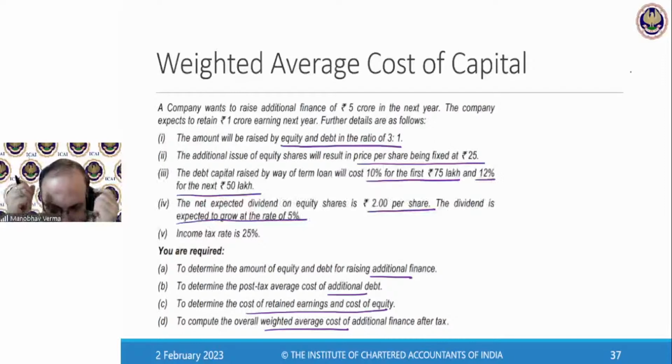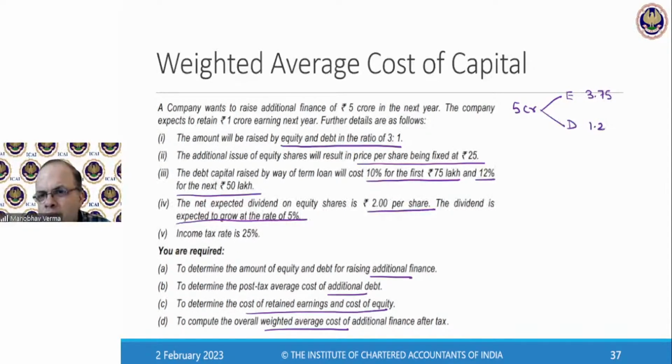Okay. Jay Kumar says 3 crore equity, 1 crore debt. Piyush says 3.75, 1.25. So some people are saying 3 and 1, and some people are saying 3.75 and 1.25. Okay, guys, let us cut this short. We know that the ratio is 3:1, and we need 5 crores. So 3 by 4 into 5, we get 3.75.